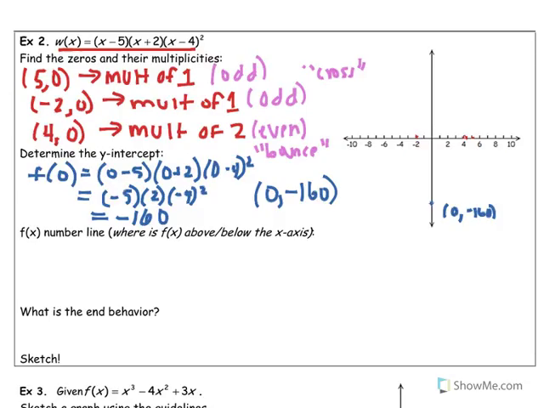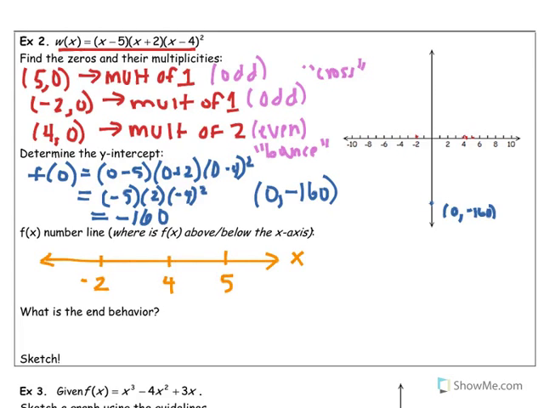All right, and our next step now is to create that f of x number line. So remember, we look at the x values and we mark off our zeros. So we have a negative 2, a 4, and a 5. And we're going to test the region so that we can figure out the sign of f of x.